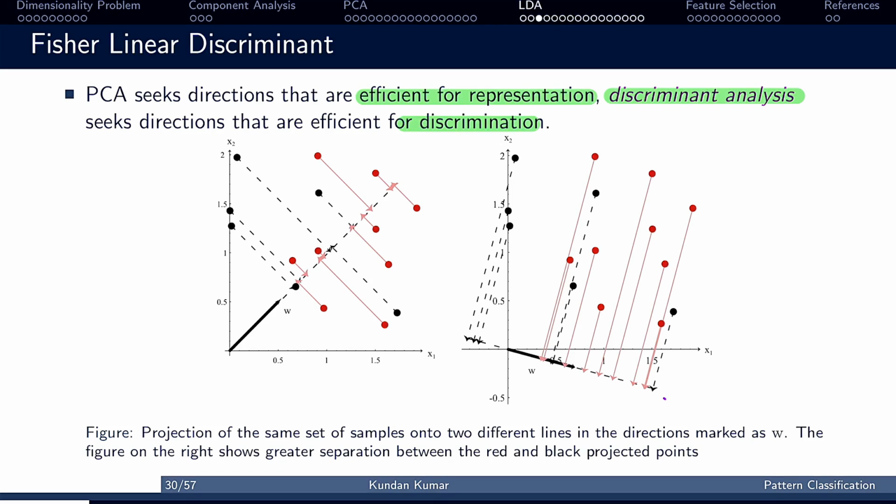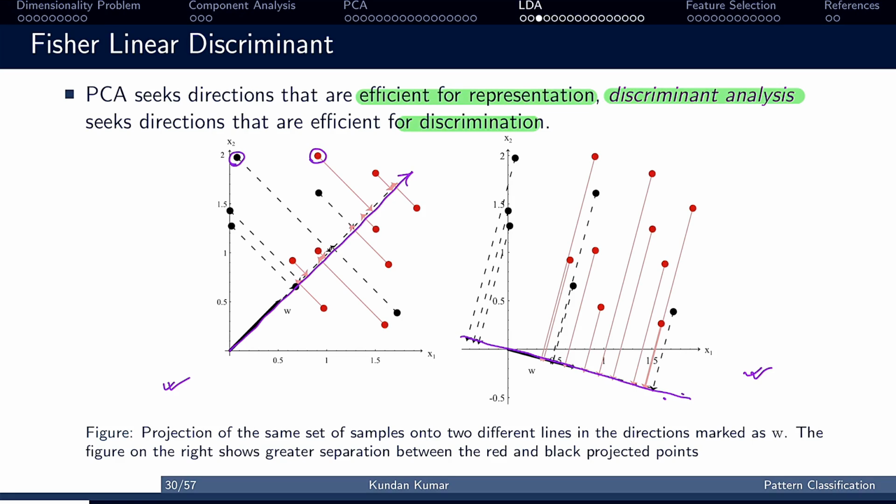Now look at this plot. Here we have two plots. We have the same set of samples on both plots, where black dots are from class 1 and red dots from class 2. However, their projections are onto two different lines.